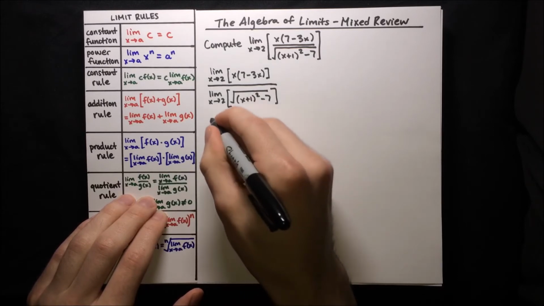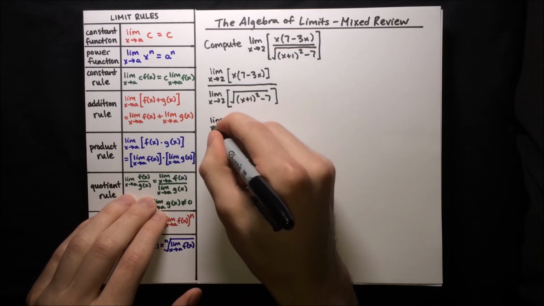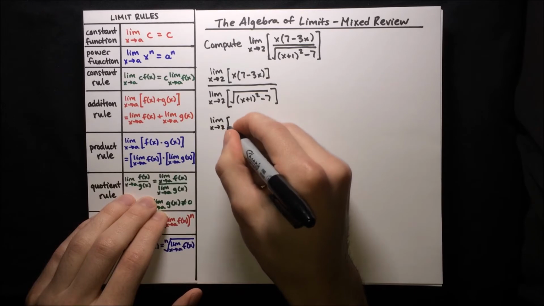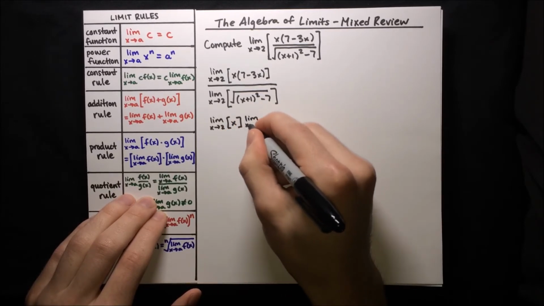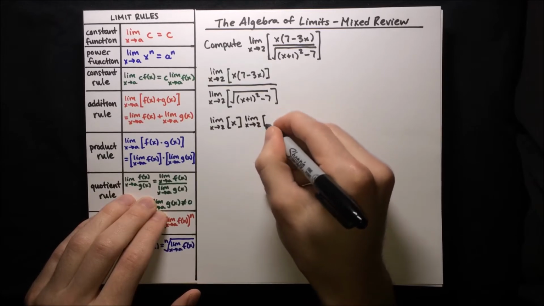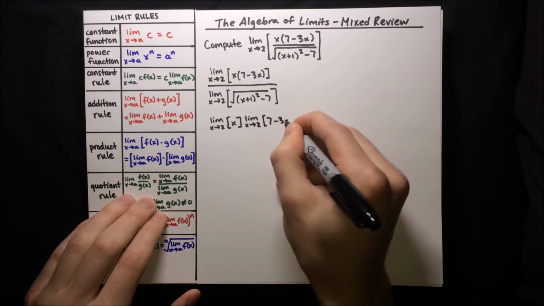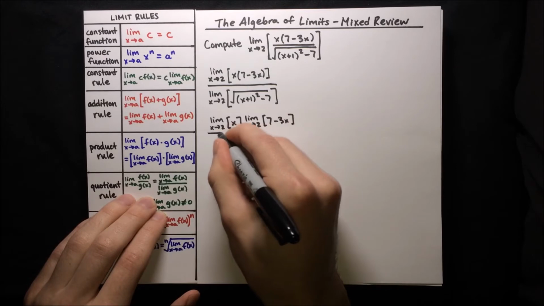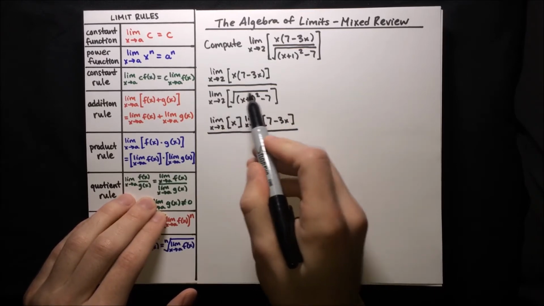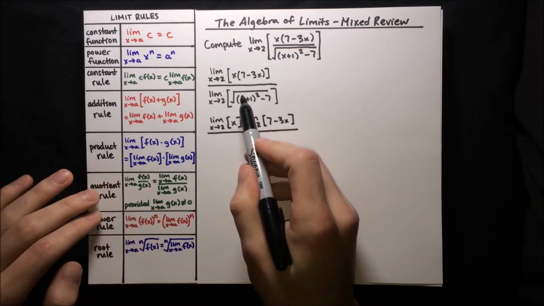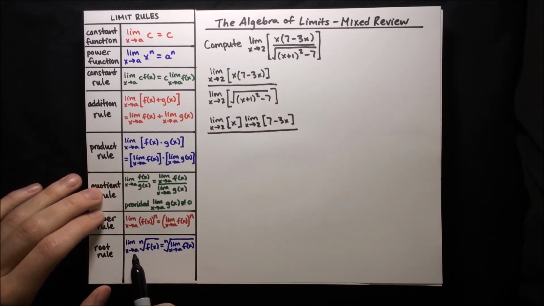So we can just take the limit as x approaches 2 of x times the limit as x approaches 2 of 7 minus 3x. And then on the denominator, well, the first thing that we see inside the limit is a root, and we have a root rule that tells us we can just move the limit inside of the root.